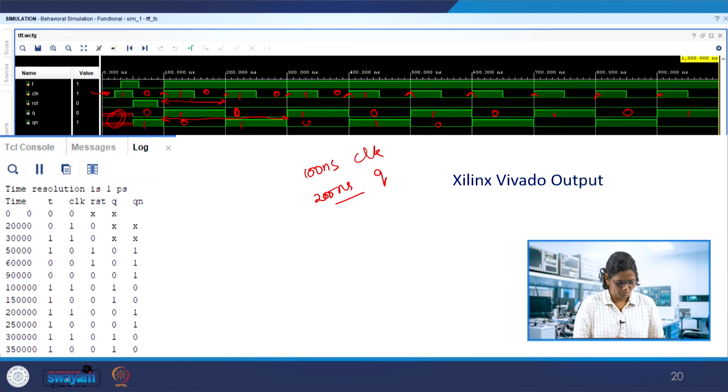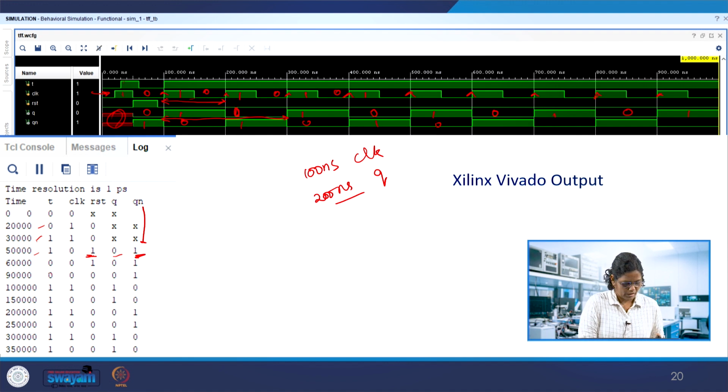The same thing can be viewed in the log file as well, at 200, 300 and 500 nanoseconds. Up to this point the output is unknown, and here at 50, 1, 0, T is 1, so reset is 1 in these cases, and Q is 0 and Qn is 1 in this part.